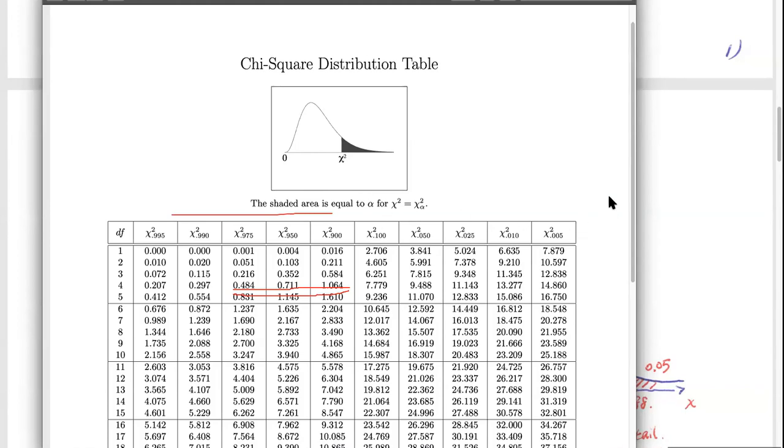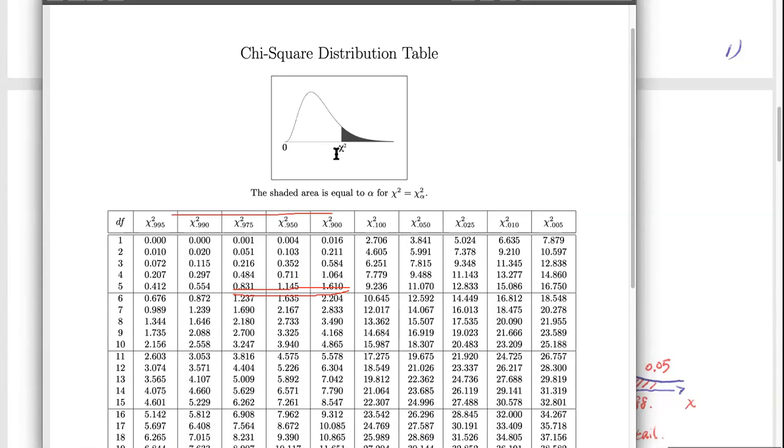So this one-page chi-square table, how do we use that? There's a very important thing here. When we check this table, the shaded area is equal to alpha. The probability to the right of some number here is the corresponding alpha.